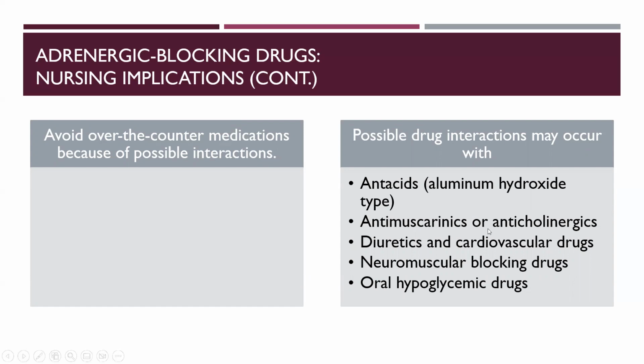Because remember, when we're talking about the agonists, we would give epinephrine with some of our anesthesia agents to prolong it. So if you've got one that's blocking it, then it may cause an issue with our neuromuscular blocking drugs. Oral hypoglycemic drugs as well.